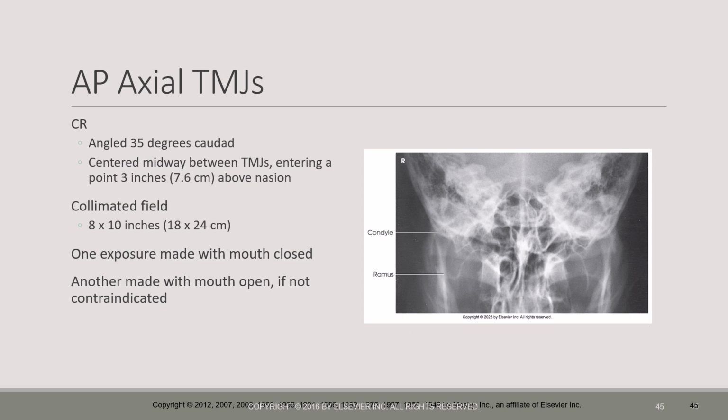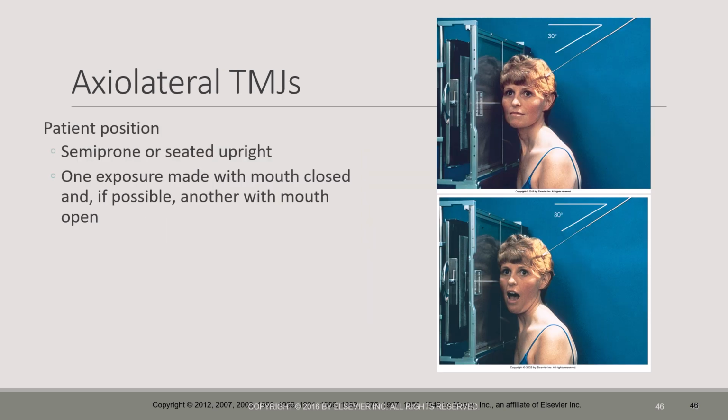So the coronoid should be below the condyle. So you should see the condyle and the neck of the ramus mostly free of superimposition of other parts. Okay. And again, open and closed. So 2 different exposures here. One with mouth open, one with mouth closed. Okay. Same thing for the axiolateral TMJs. You're going to do one with mouth open, one with mouth closed.